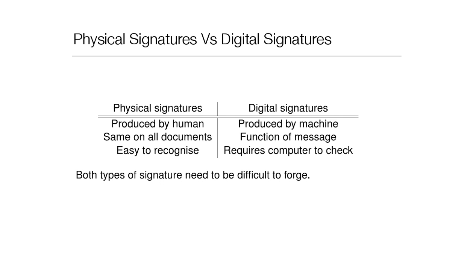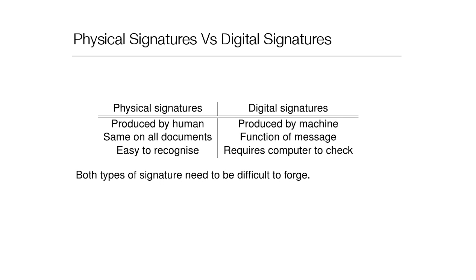Both types of signatures need to be difficult to forge. If I have a really simple signature, like just writing my name in plain characters, that is easy to forge. That's why we sign documents using very fancy signatures.